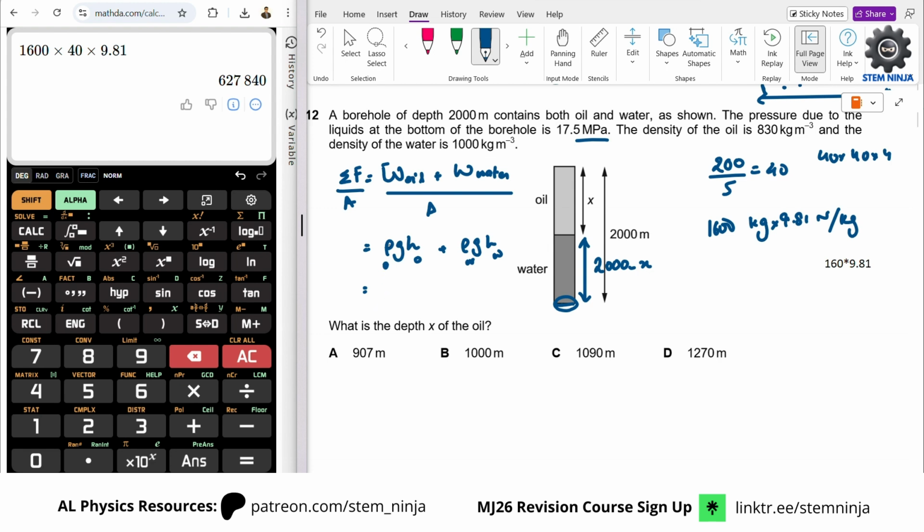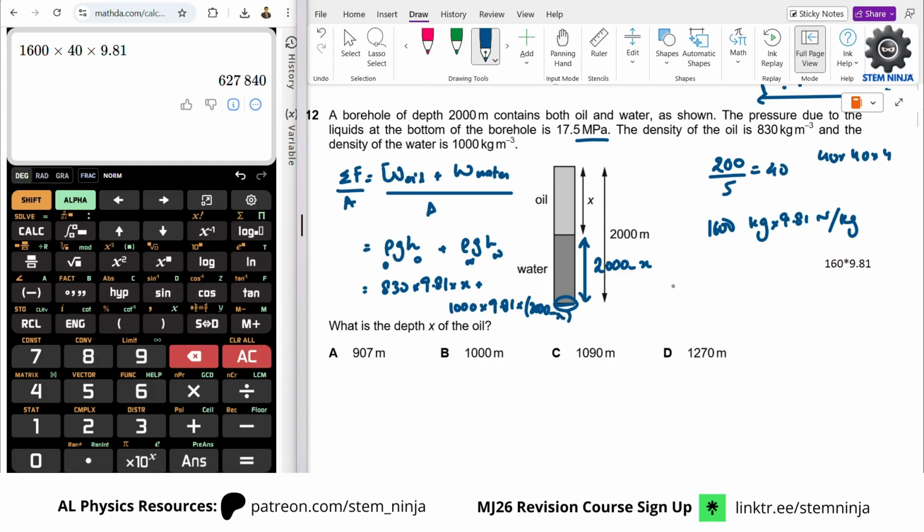Okay. Density of oil is 830 times 9.81 times x plus 1000 times 9.81 times 2000 minus x.